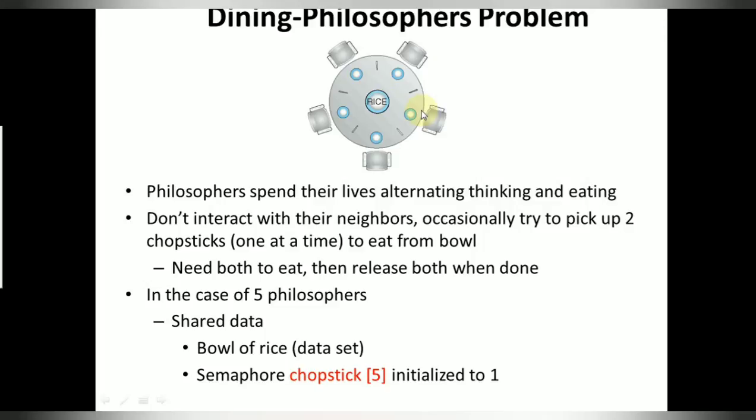It ends up in an infinite deadlock. What happens is, all the 5 philosophers are hungry, all the 5 philosophers have picked up a chopstick, and they are indefinitely waiting for another chopstick.